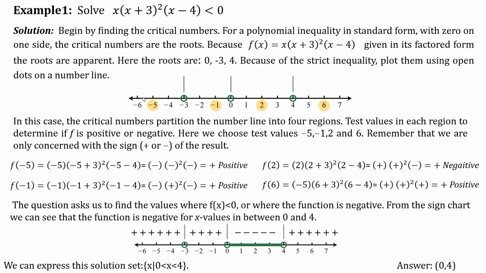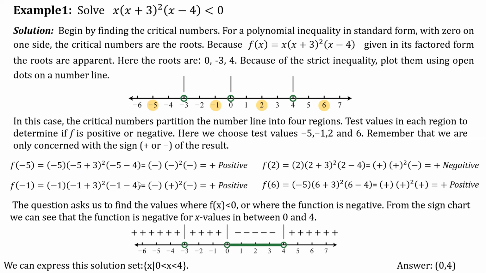In the first region, I take -5, in the second, -1, in the third, 2, and in the last region, I take 6. Remember that we only consider the sign, plus or minus, of the result. By plugging -5 into this function, we find the sign of this function in this region.